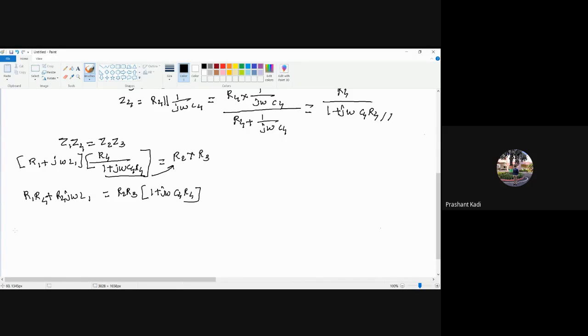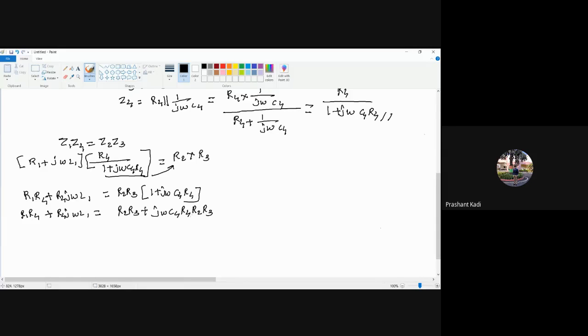Simplify this equation again: R1 R4 plus R4 j omega L1. Multiply R2 R3 to each term: R2 R3 plus j omega C4 R4 R2 R3. Following?